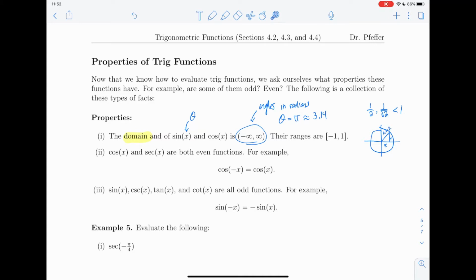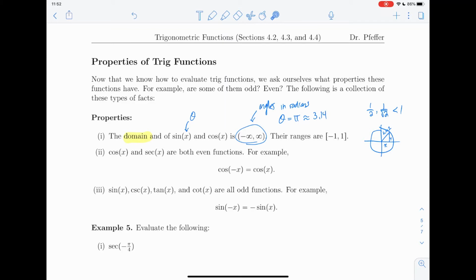So then, of course, if I build any sort of sine or cosine relationship, then I'm going to have y over 1 or x over 1, but y and x themselves both have to be less than 1. We can see that from the picture. So we can justify that sine and cosine of any angle definitely is going to be somewhere between 1 and negative 1, because of course sine and cosine can be negative depending on the quadrant you live in.